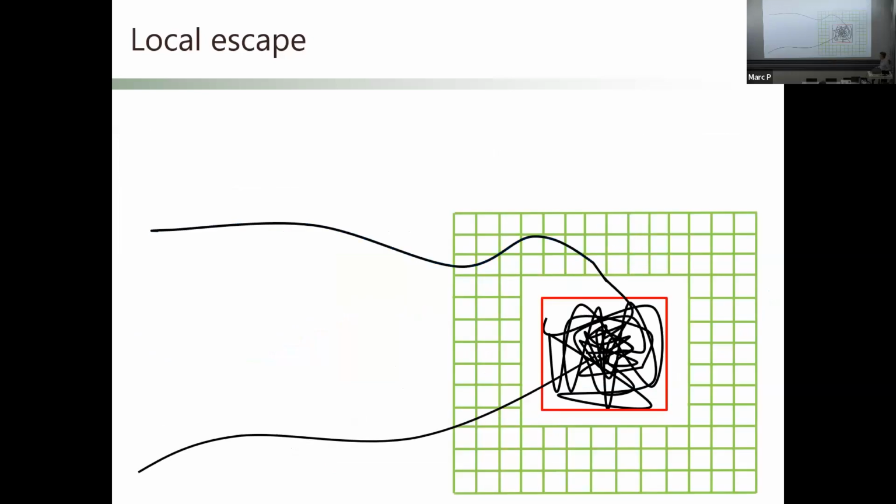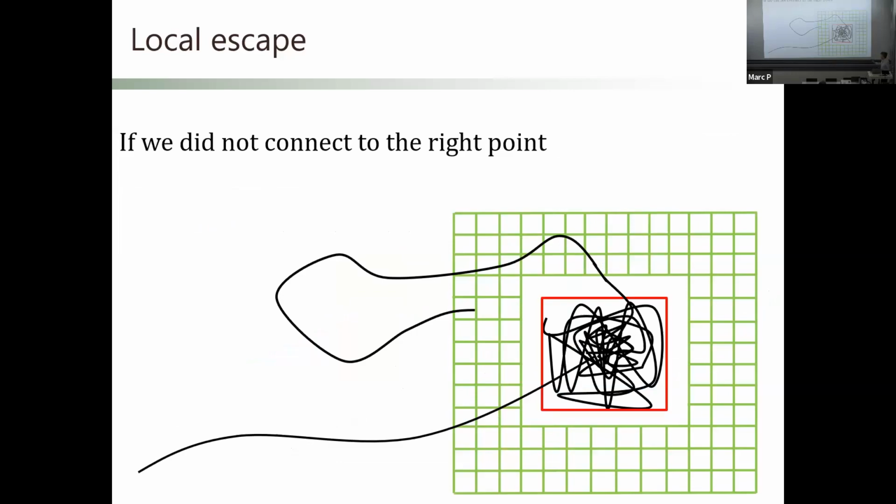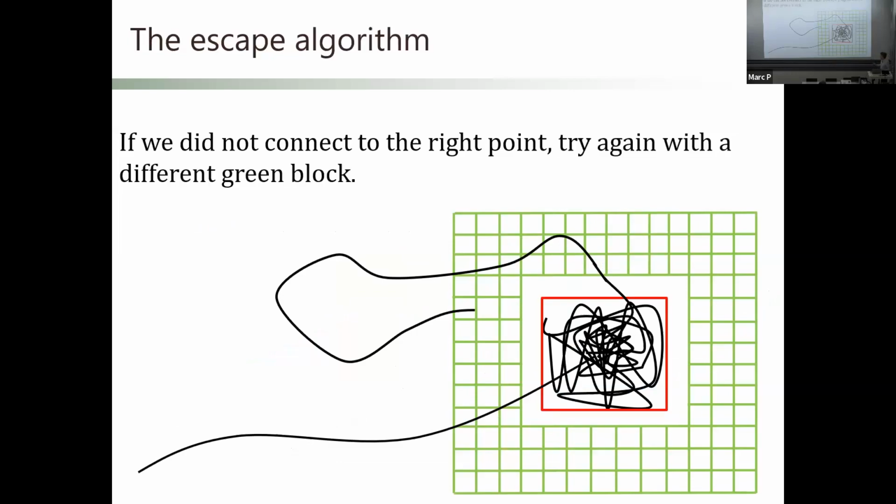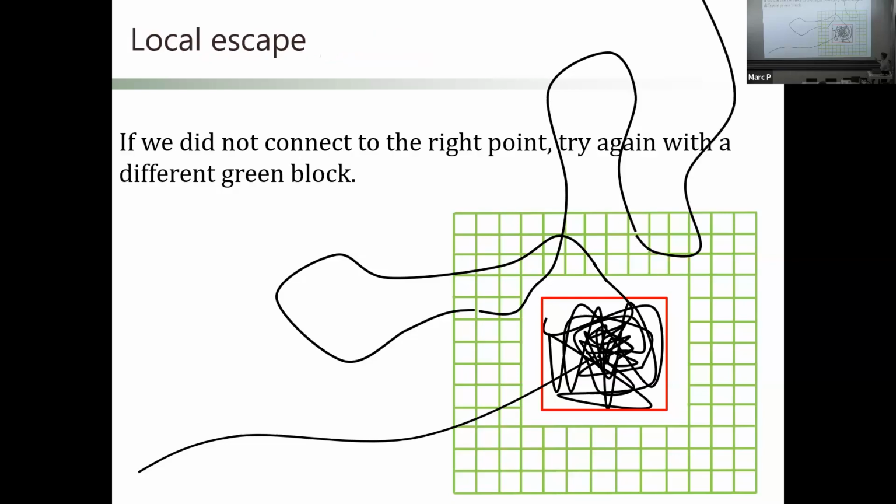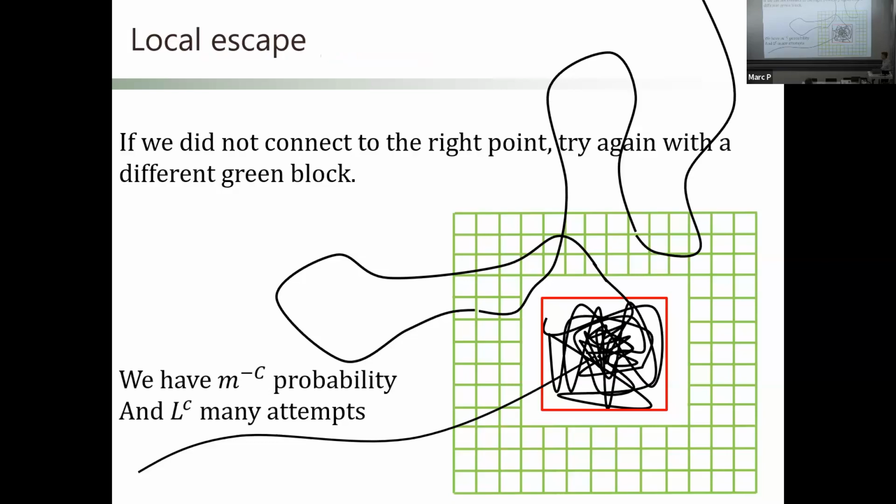And so we enter this box and then escape a long way away. But maybe we failed and we quickly came back. Then we could say, okay, well, we'll enter a different green block, try again. Maybe this one also failed. But if we do enough trials, eventually we'll have a success. And the number of trials we'll need to do is essentially m to a constant, which is polylog of the size of this box.